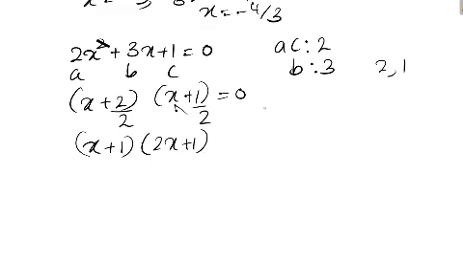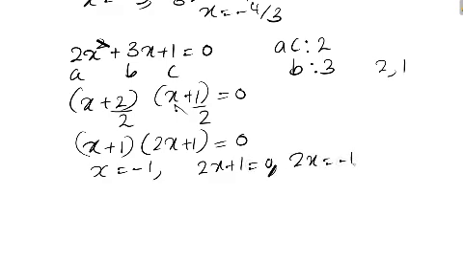The denominator 2 goes to the other side and becomes 0. So x plus 1 is equal to 0 means x is equal to negative 1. When we equate 2x plus 1 is equal to 0, we get 2x is equal to negative 1 and x is equal to negative 1 over 2. Okay, I will show another example with a negative number.